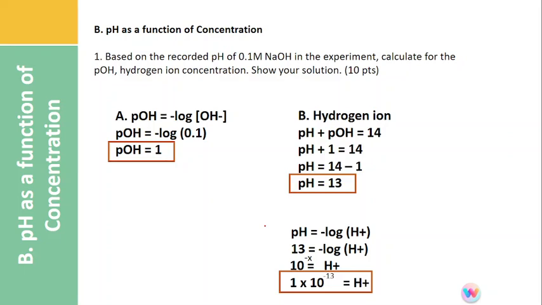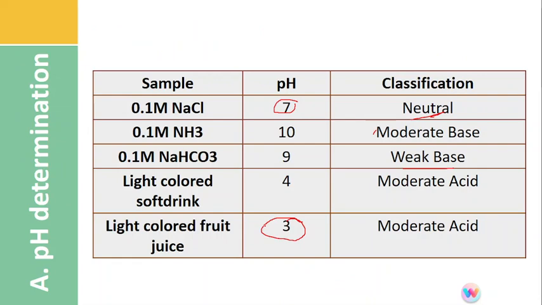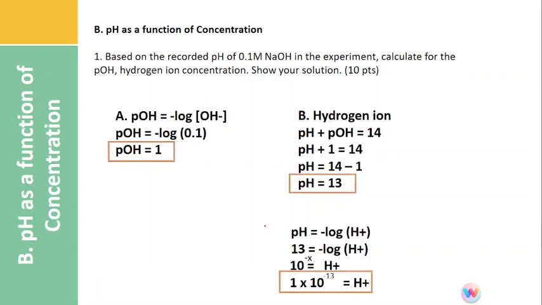And then next, after we're done discussing the pH determination using your pH meter and then the classification, we will now move forward to the pH as function of concentration. So ito na yung medyo madami-dami na tayong computation tulad nung tinuro ni Ma'am Lina sa discussion sa laboratory ng mga pH, buffer solution.